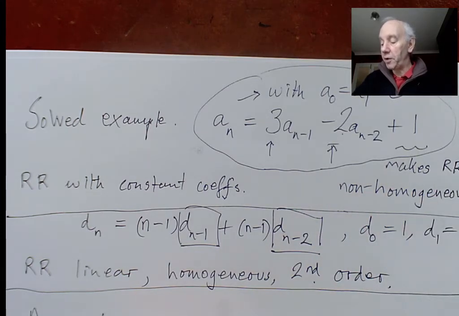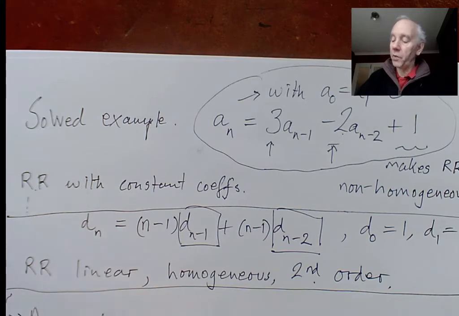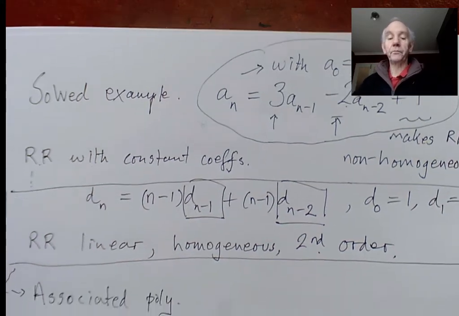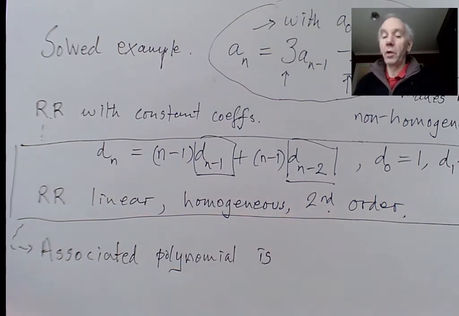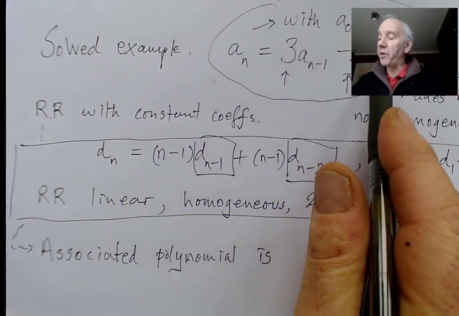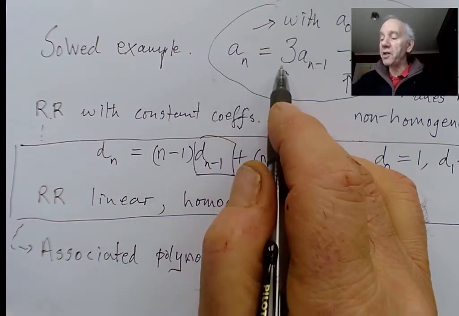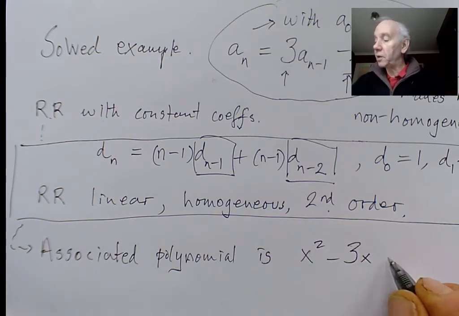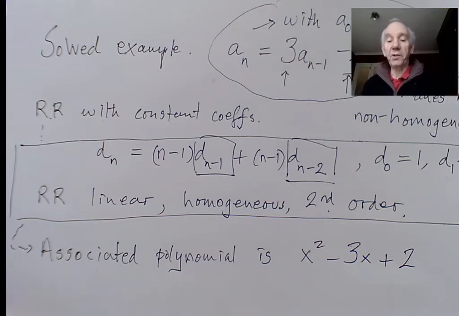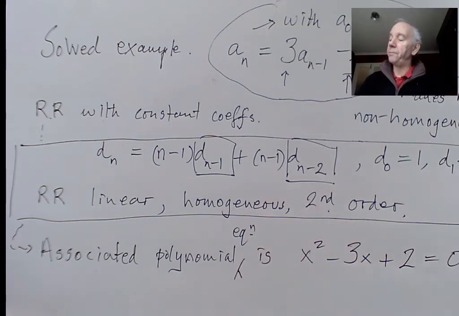The associated polynomial, for tackling recurrence relations with constant coefficients, is, remember you have to put everything on the left-hand side, so it will be x squared minus 3x plus 2. That's the associated polynomial. If we want to make it an equation, I'll put equal to 0.